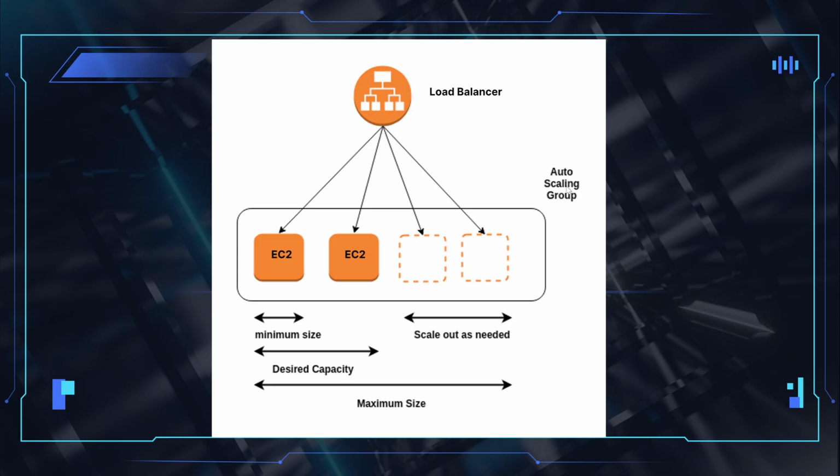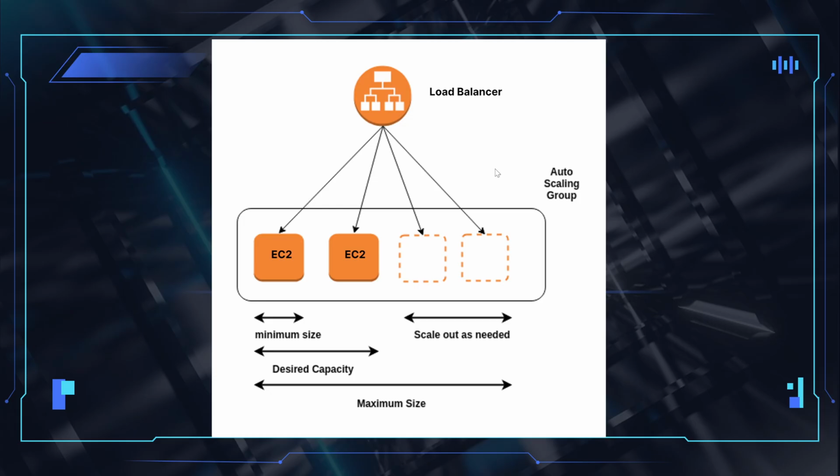Auto scaling will automatically check if any traffic is coming for some period of time, like 10 minutes. If there is no traffic for more than 10 or 15 minutes, it will automatically remove these EC2 instances and keep only one EC2 instance. Like this, auto scaling works by increasing or decreasing the servers depending on the need.